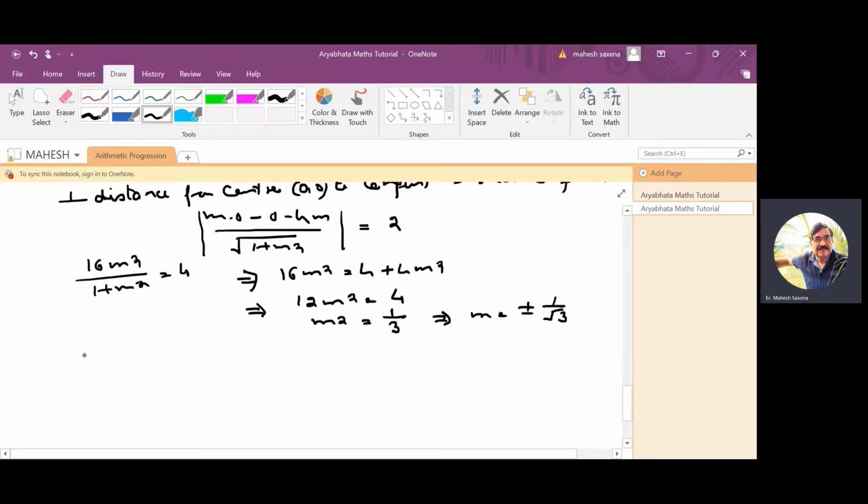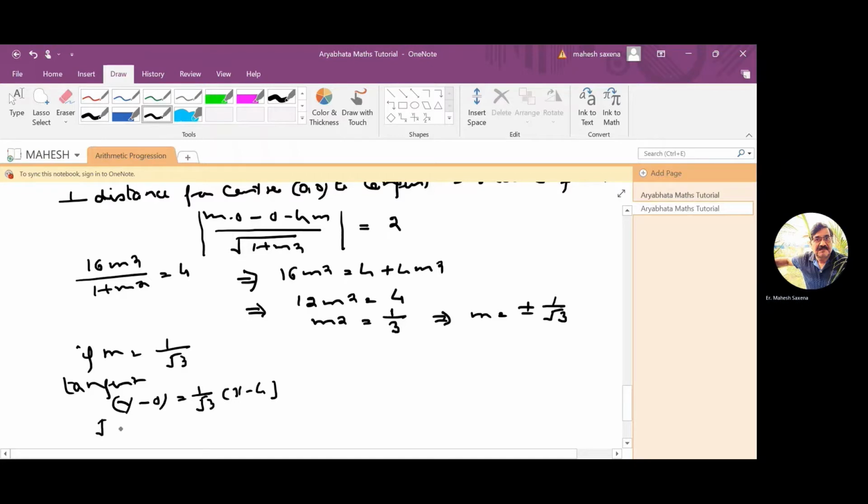Therefore, if m is equal to 1 upon root 3, equation of tangent will be y minus 0 is equal to 1 upon root 3 times x minus 4. That is root 3y is equal to x minus 4. Therefore, equation will be x minus root 3y minus 4 is equal to 0.